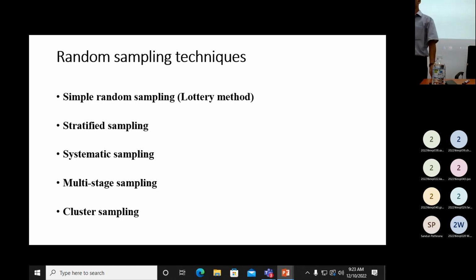According to that ratio, sample items are selected from each stratification.